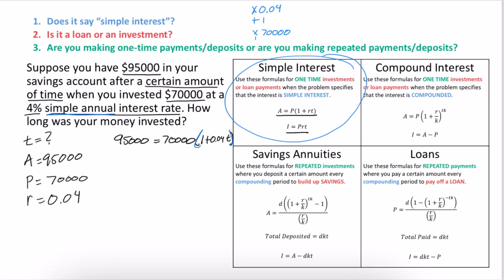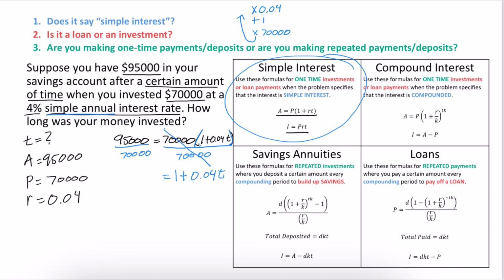So to solve this equation, I'm going to work backwards and undo each one of these operations. So to undo the multiplication by 70,000, I'm going to divide by 70,000. And that cancels out the 70,000 on the right side, which gives me 1 plus 0.04t.